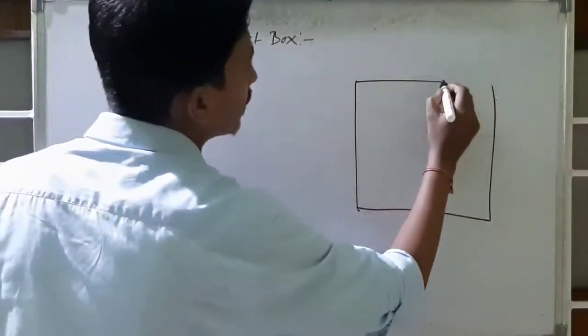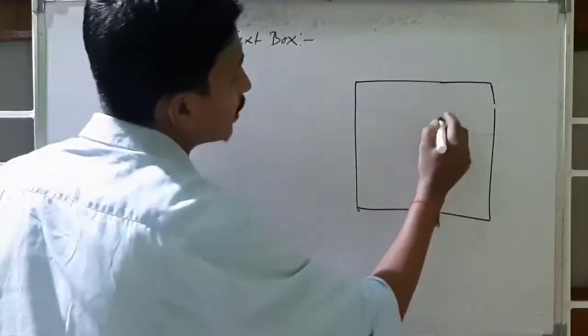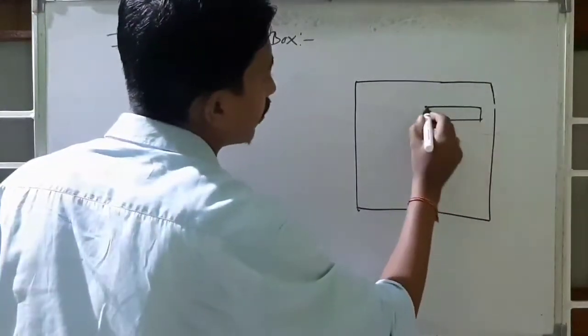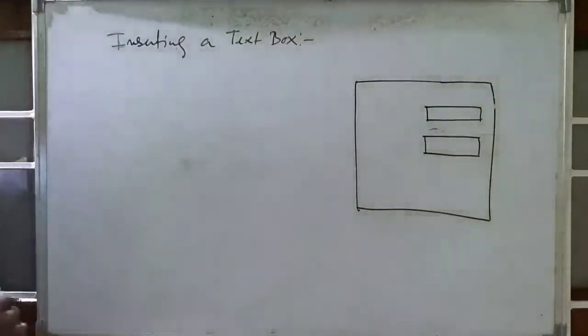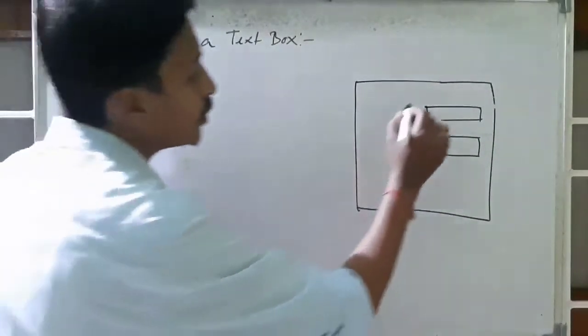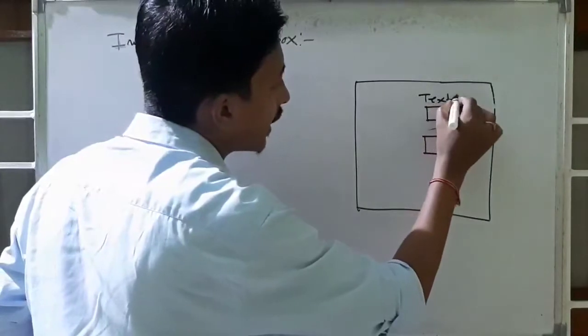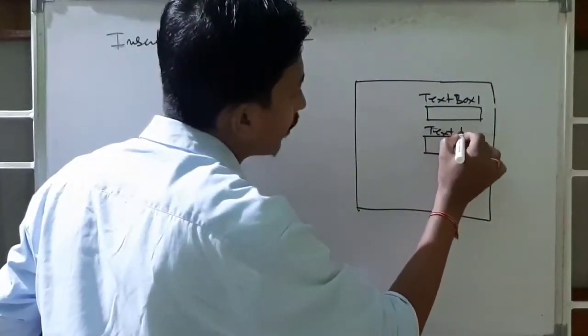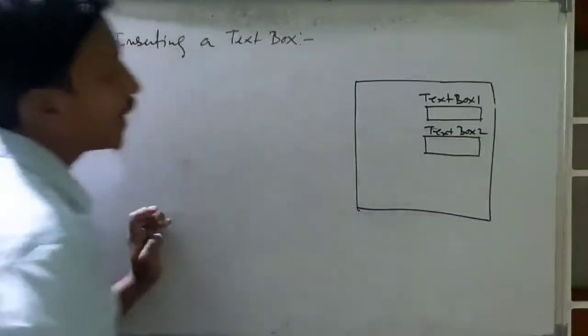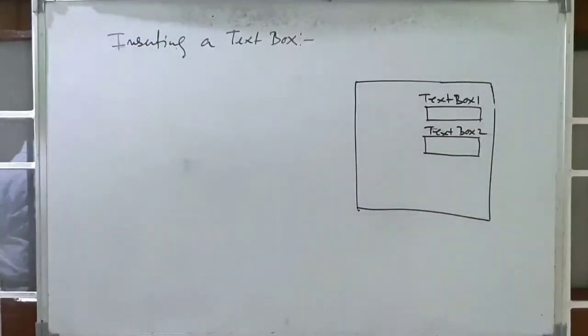Okay, in the slide you want to add two text boxes, 1 and 2. Okay, so if you want to add these two text boxes, text box 1 and text box 2, the steps are given here.